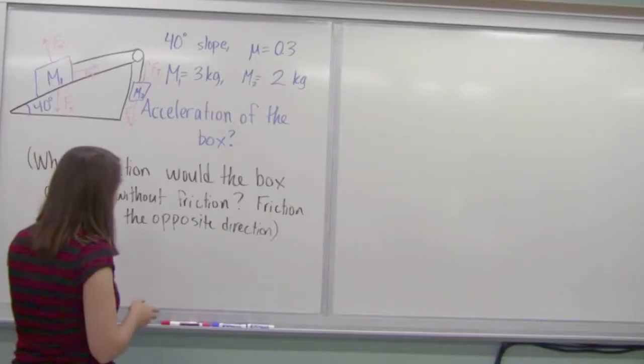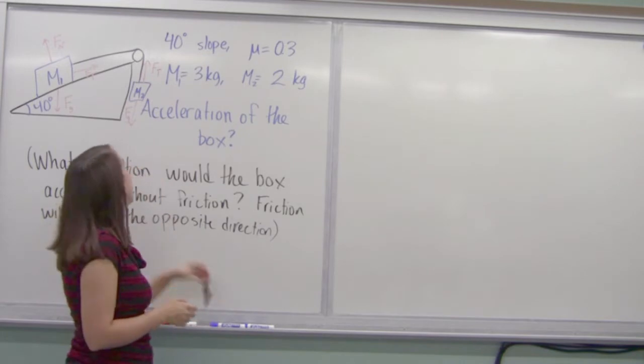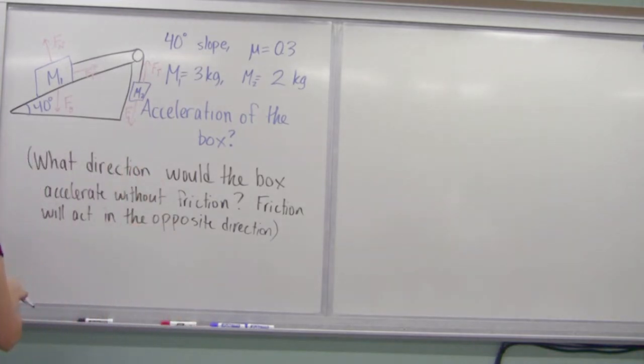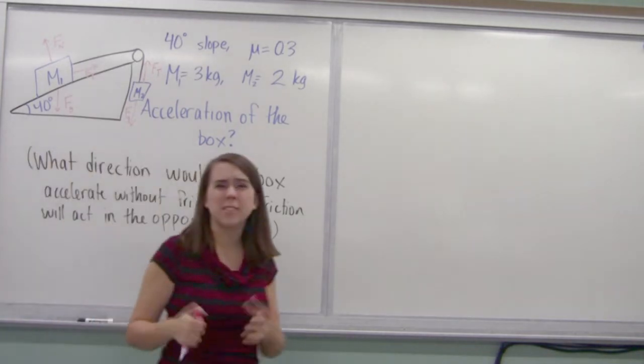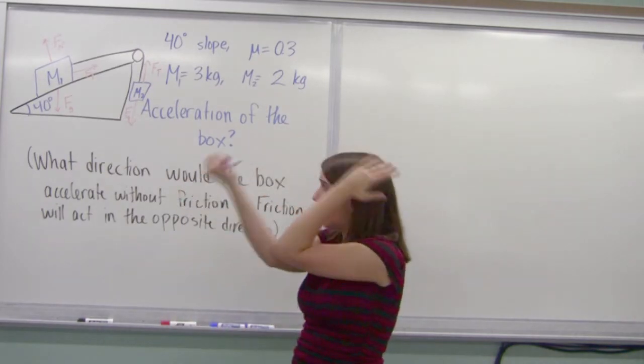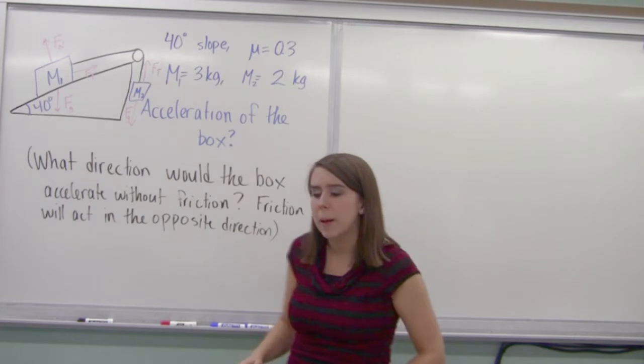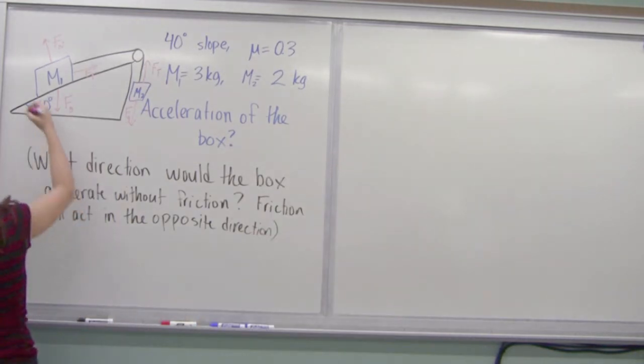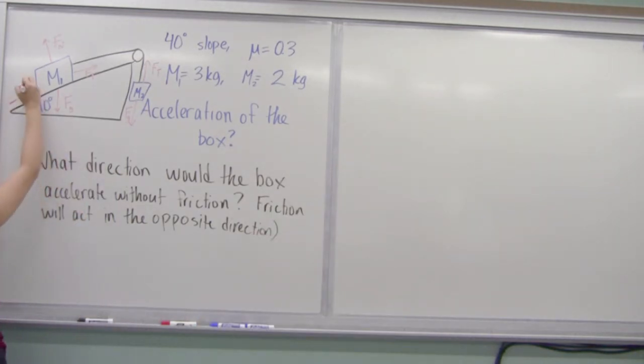I want to choose a good coordinate system for my problem. And we do have this slope here, so I'm going to have to take my coordinates and tilt them a little bit. So I think I will have positive x be going up the slope, and I'll have positive y be perpendicular to the slope.